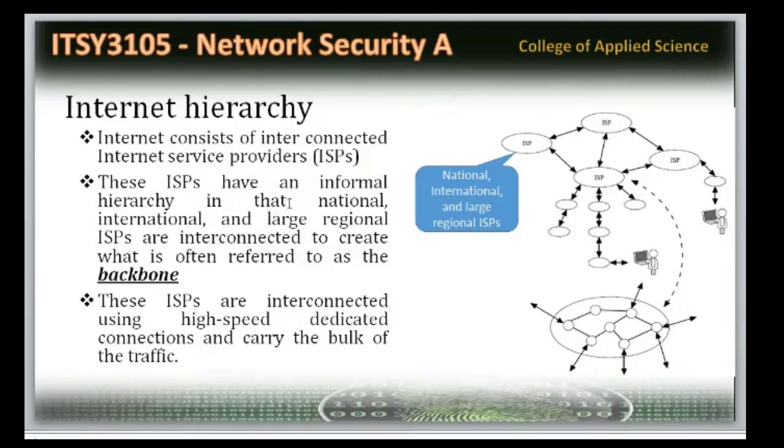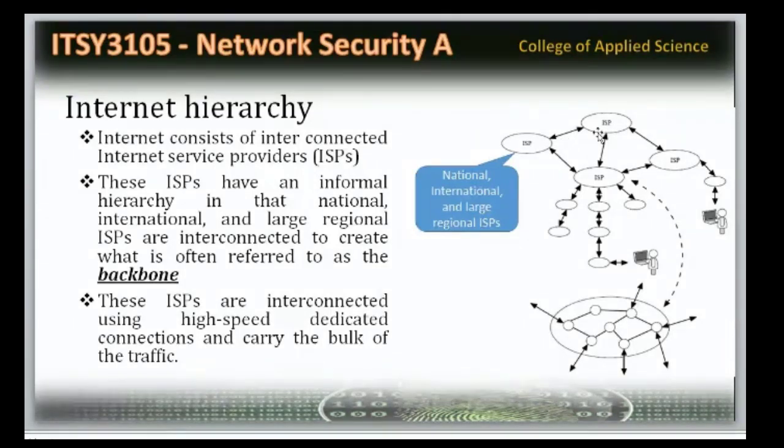Then ISPs are interconnected. They are connected using high-speed dedicated connections, from ISP to ISP. A dedicated, high-speed connection is going to carry the bulk of data, bulk of traffic, bulk of packets that they exchange.